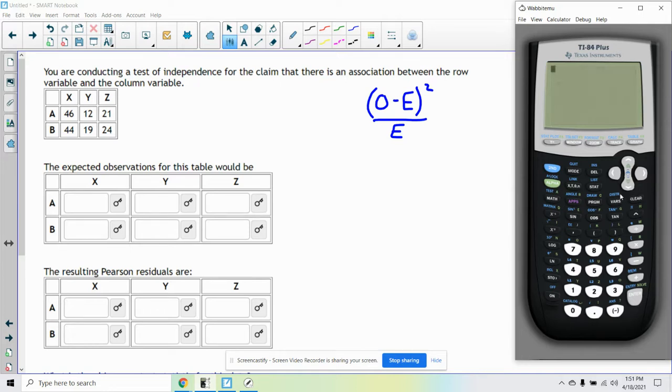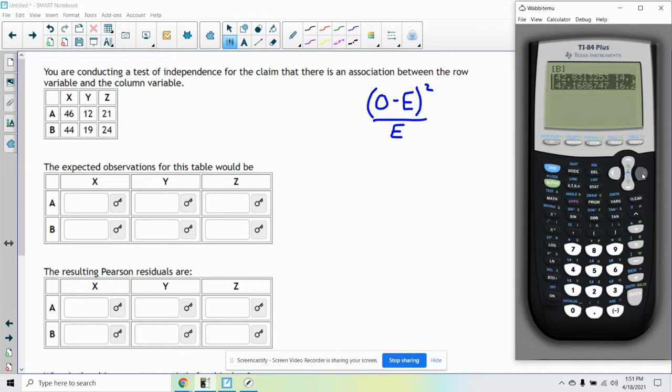Okay. Once you have that information down, now I need to figure out what the expected observations matrix is. So it was placed into matrix B. If I go back to the matrix menu and go down to matrix B, hit enter, enter again. Now, depending on what calculator you have, you'll notice I can only really see the first 2 and part of the second 2 entries, and even if I select it, you can't go over. It's kind of silly how they do that.